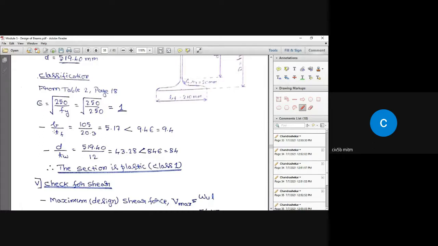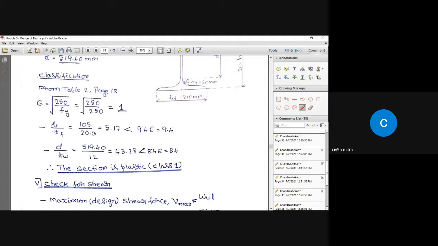You remember. The total flange width is 210 millimeter for the section we have selected. Then half of it is 105 millimeter and the thickness of the flange is 20.3 millimeter.